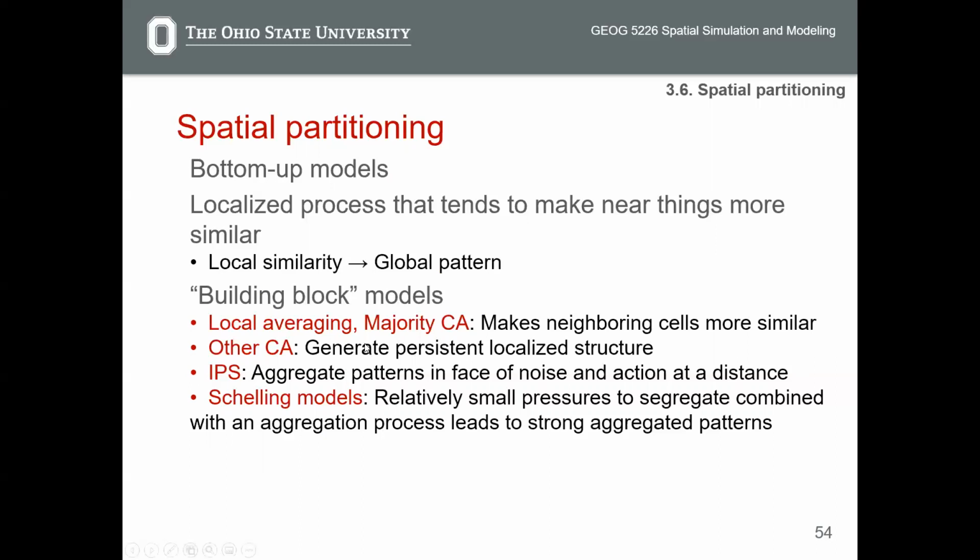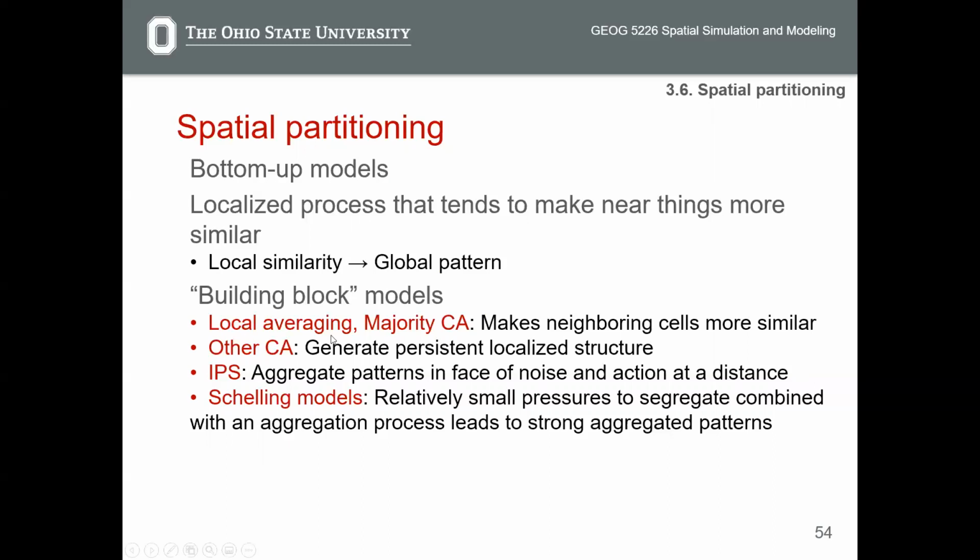Okay, for all these models, the sets of rules are all for individuals. Each individual will follow those rules to behave, and then eventually these behaviors at individual level lead to a global pattern, which is segregation and aggregation. So bottom is the individual, up is the global pattern.